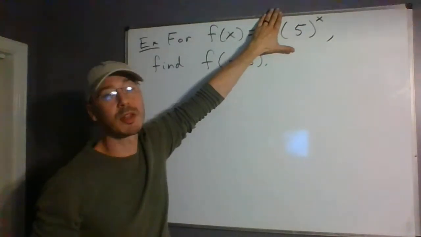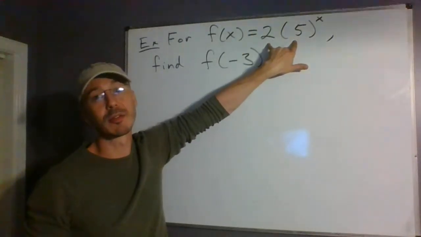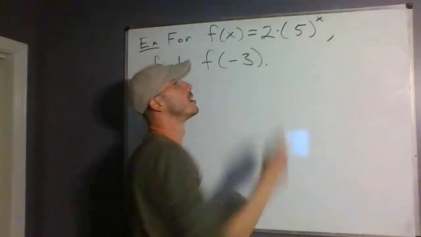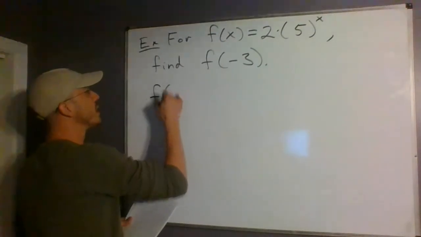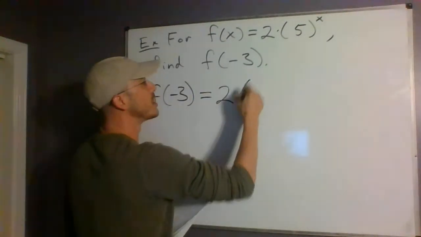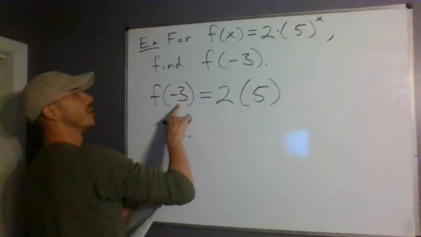The book used parentheses, which helps. I don't want to have just 25 to the x. It's 2 times 5 to the x. So, f of negative 3, all I have to do, like we've done with functions before, is replace the x with negative 3.